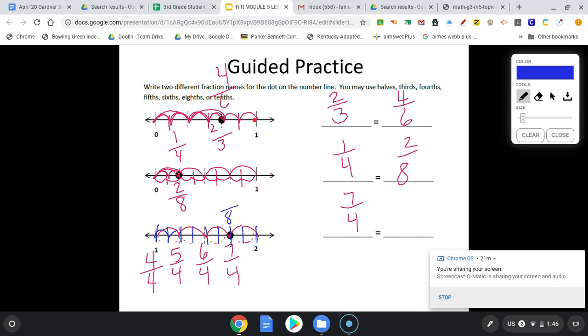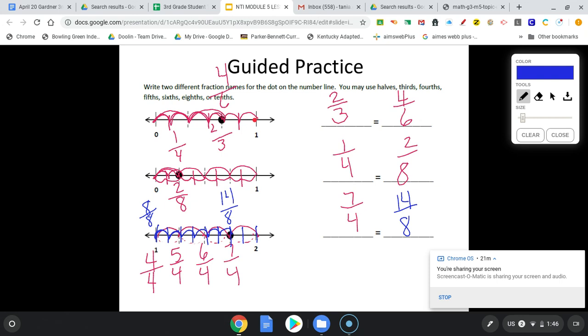So 1/8. Well, it's not 1/8, is it? We have to start at 8/8. So 8/8, 9/8, 10/8, 11/8, 12/8, 13/8, 14/8. So 7 fourths is equivalent to 14/8.